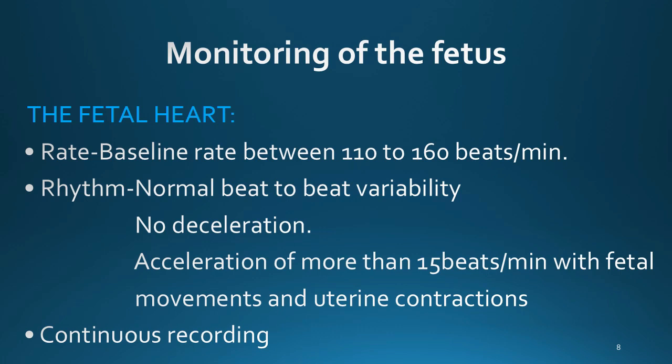The fetal heart rate baseline is 110 to 160 beats per minute, and it should have variability. A normal or reactive CTG should have accelerations and should not have decelerations in rhythm. We need continuous fetal heart rate monitoring throughout the first stage of labor.